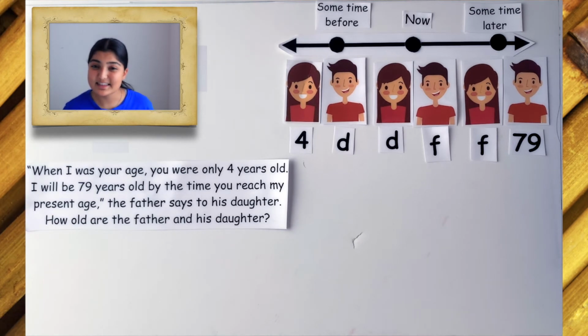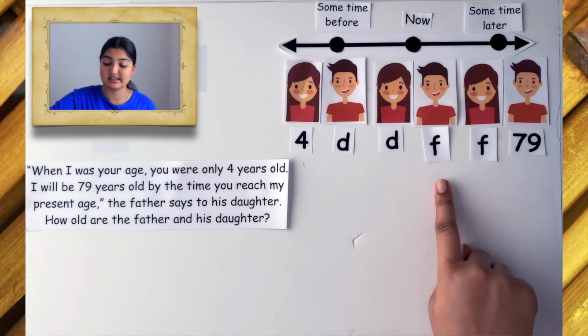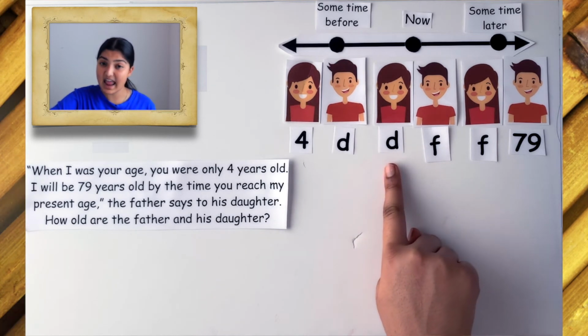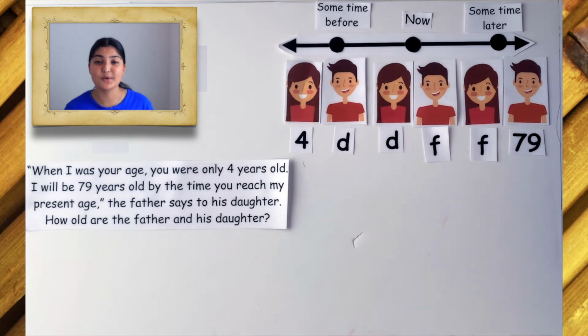But this looks a little confusing, since we are using 2 different variables, D and F. So, how can we only use one variable to make this a little easier to understand and solve? Well, let's think about it.